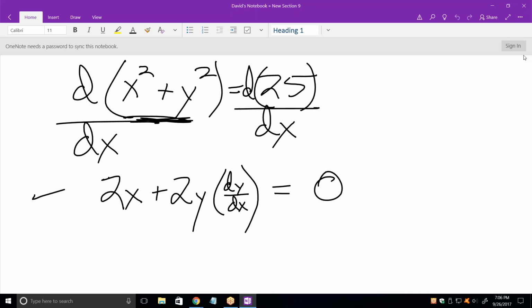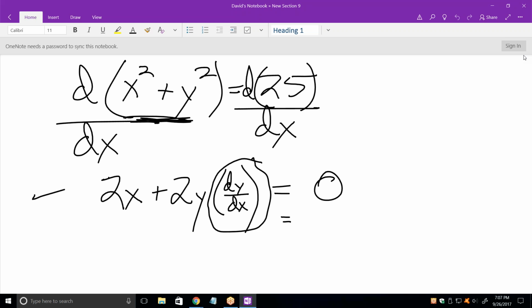Now solve that equation. Remember what our goal here is: to solve for dy dx. So what's dy dx going to be equal to? In other words, isolate that. Solve it just like it was a variable, a different variable, and you're solving an equation.